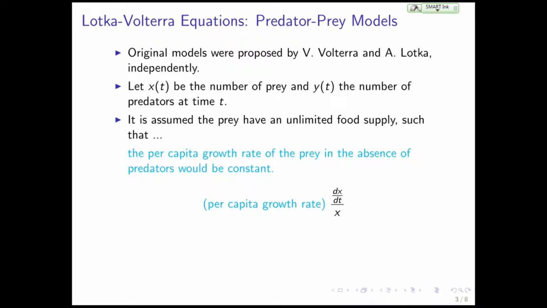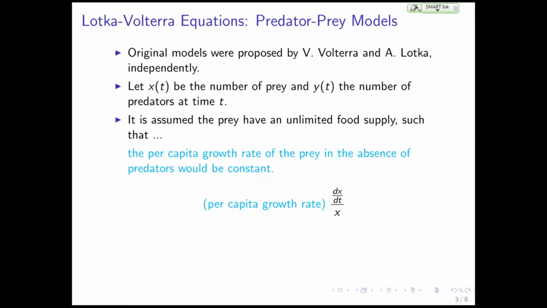The population size is x of t. The rate of change of population size would be dx/dt, and the rate of change of population size scaled by the population size is the so-called per capita growth rate, the growth rate per individual in the population of prey in this case.